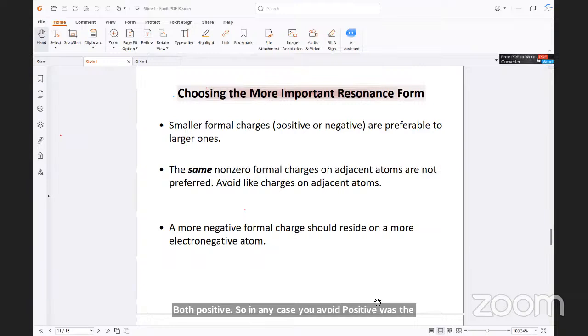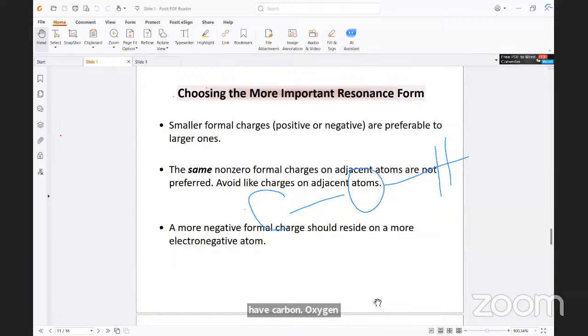Then the third rule is that a more negative formal charge should reside on a more electronegative atom. Now, let me explain what that means specifically. If I have carbon, oxygen, hydrogen, for instance, out of these three, oxygen is the most electronegative.